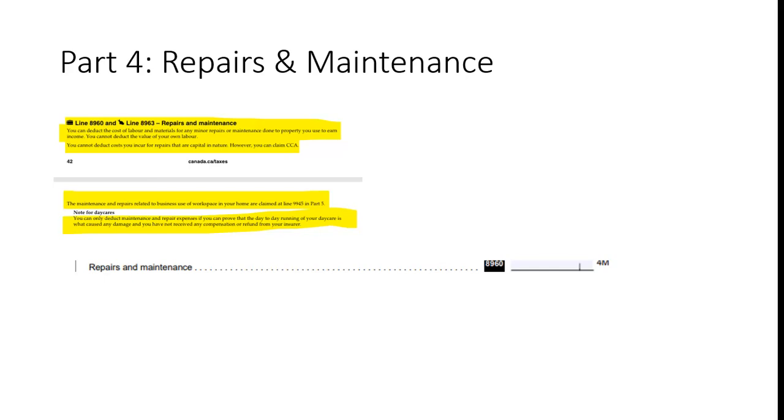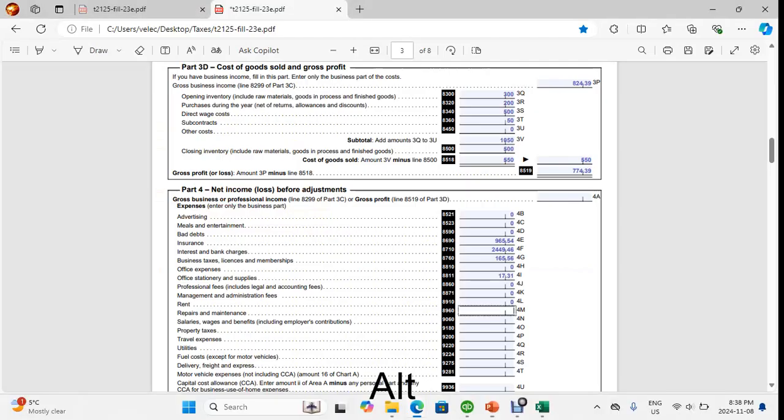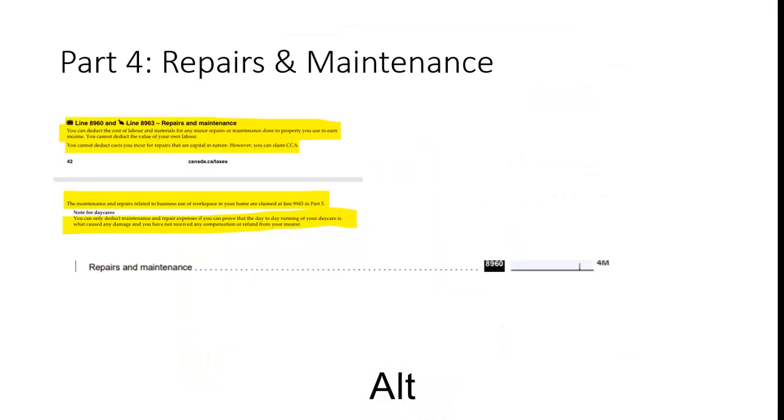So again, this has to do with the materials and supplies that you buy for renovation or maintenance, your plumbing supplies, for example, your roofing supplies. In this case, line 8960 will be zero.